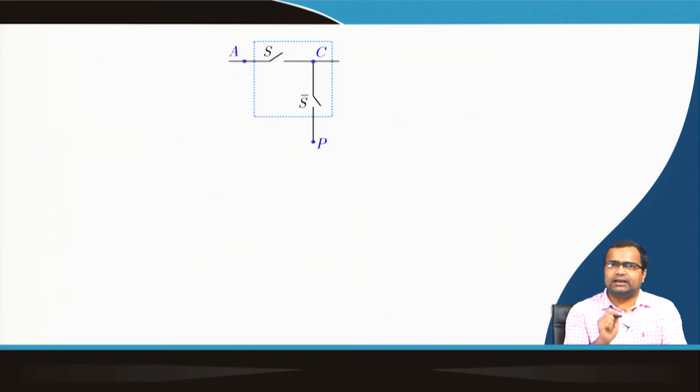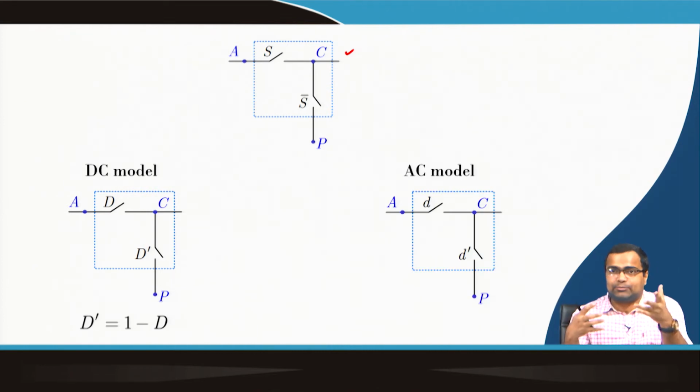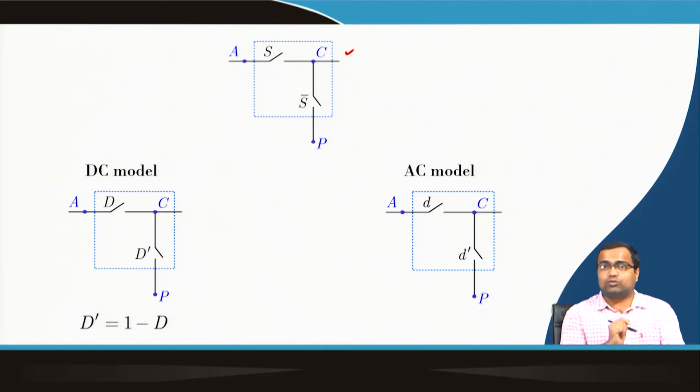Then what next? If we take this 3-terminal model, for example, this resembles the switch network of the buck converter, we can write a DC model where S will be replaced by capital D and S bar will be replaced by D bar, where D bar is 1 minus D. Also, we can take the AC model where S will be replaced by small d and S bar will be replaced by D bar, and that is shown here, the average quantity.